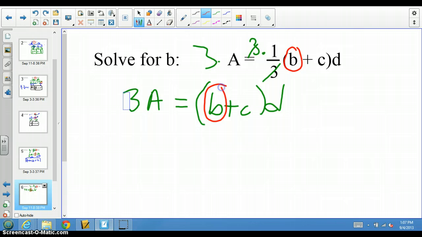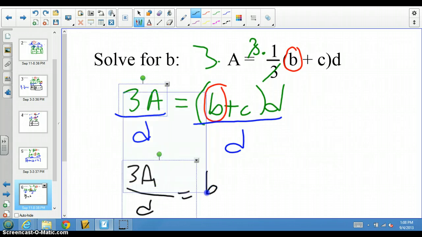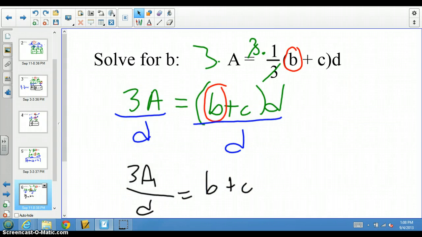So remember, we still want to get b all by itself. Well, we still have a term on the outside of the parentheses. We got to get rid of that d. Remember, that's kind of like the last one. We're distributing, so that's multiplication, so we have to divide. So now we have 3a over d equals b plus c, because these d's canceled out.